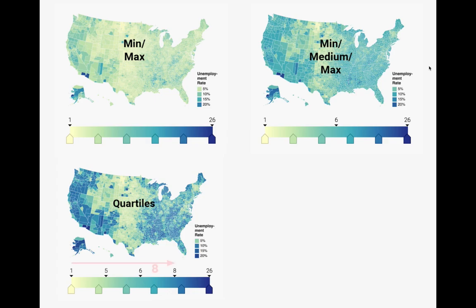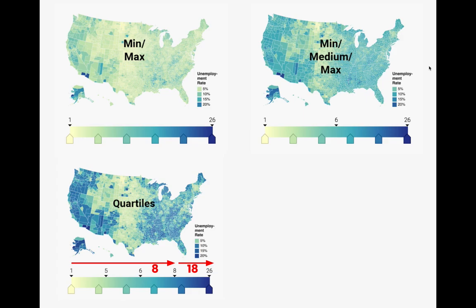So if we do this, as in this example, we have 75% of our counties lying between the values 1 and 8, which is an 8% unemployment rate. So all counties that have between 1 and 8% unemployment are now on this color scale. And the other 25% of our counties cover a range of 18%, from 8 to 26% unemployment.